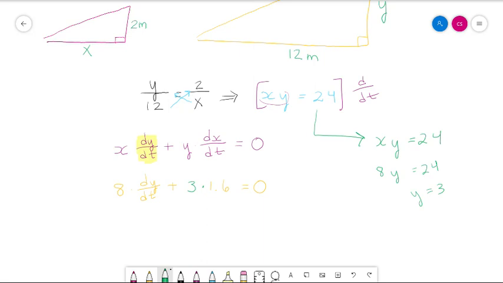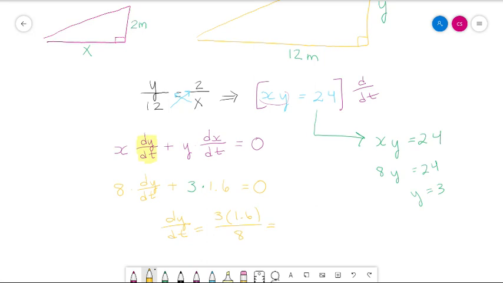Okay, so there's our equation, and we're almost done. So let's solve for dy dt. So we can subtract 3 times 1.6 from both sides, and then divide by 8. Throw that in the calculator.